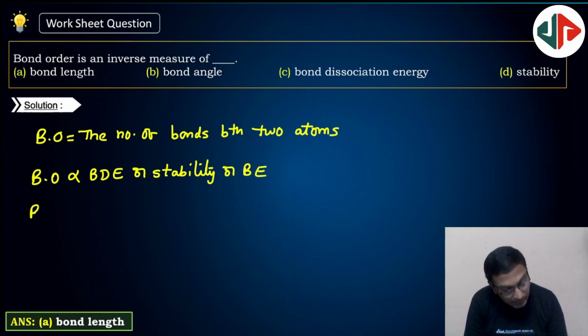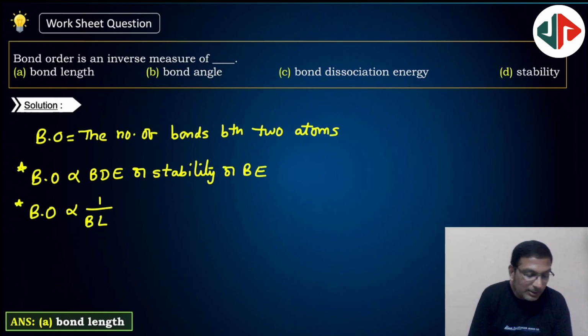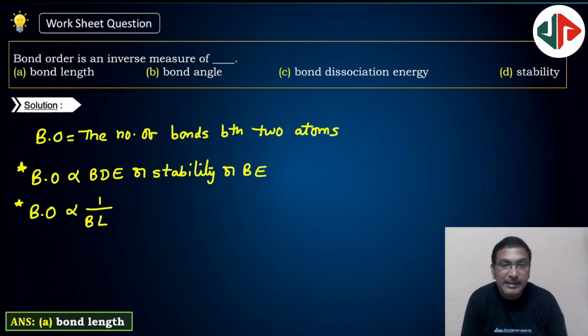Next, bond order is inversely proportional to bond length. Remember these two. If bond order increases, bond dissociation energy or stability increases. If bond order increases, bond length decreases. Therefore, bond order is inverse measure of bond length. Therefore, option A. Next.